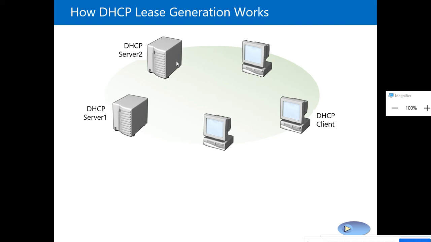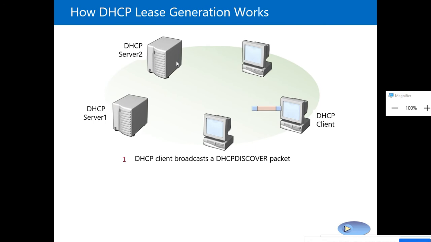Now you can see a DHCP client, DHCP server 1 and DHCP server 2. DHCP configuration of IP addresses is based on broadcasting only. When a client wants an IP address, it doesn't have any IP address, so it will search for a DHCP server.